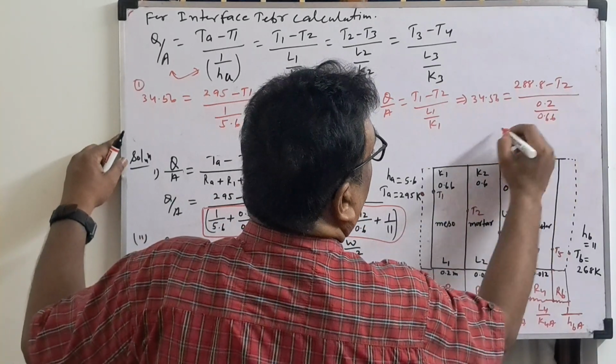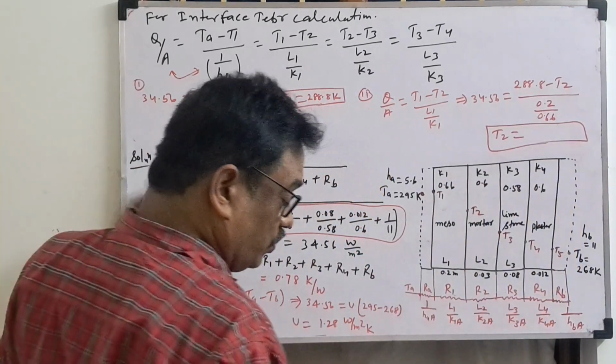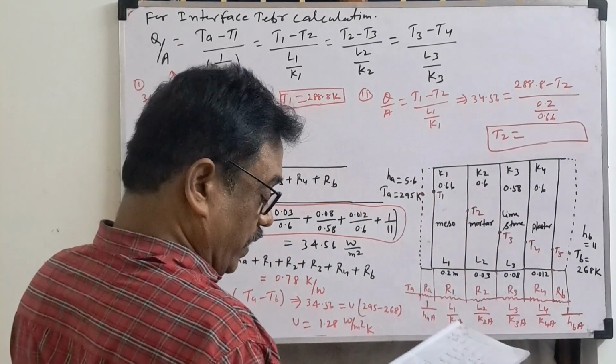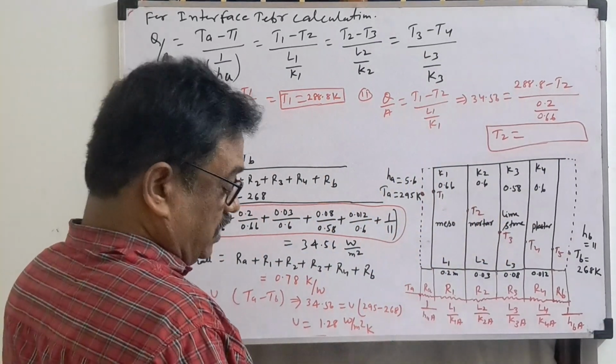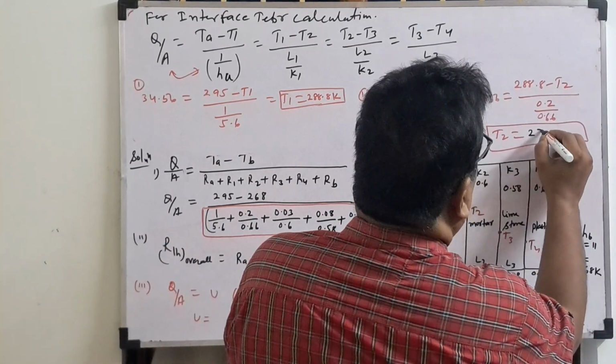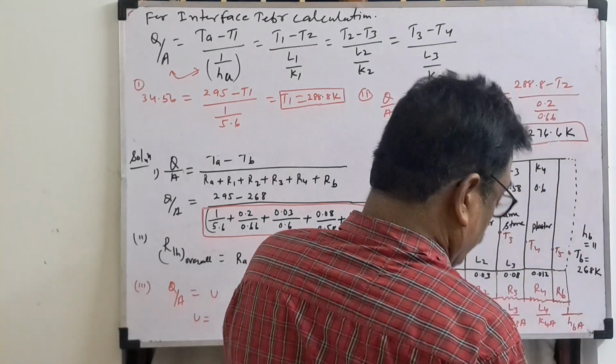L1 is 0.2, K1 is 0.66. If you calculate here, you will get T2. I will show you, 34.56, 0.2 by 0.66. So T2 we got 276.6 Kelvin.